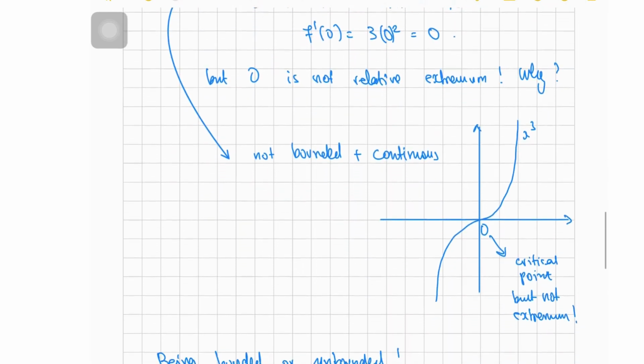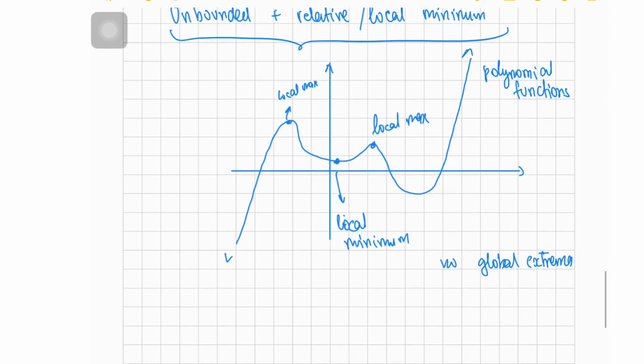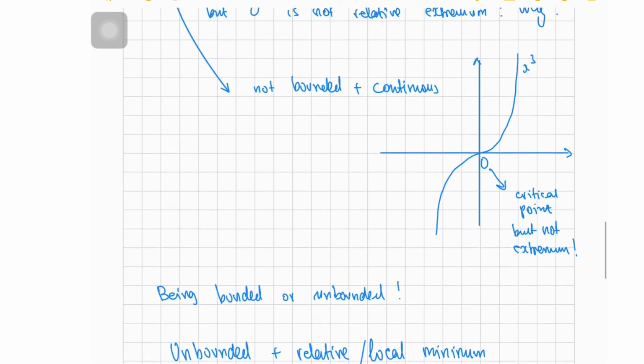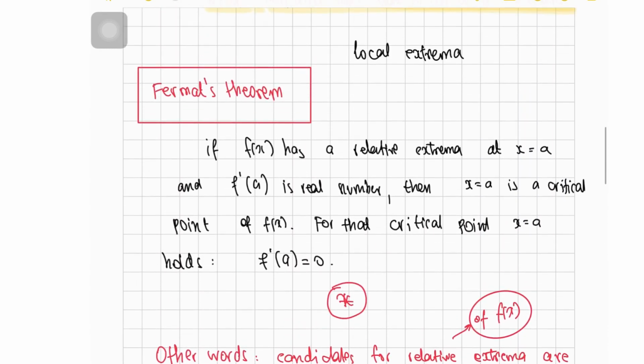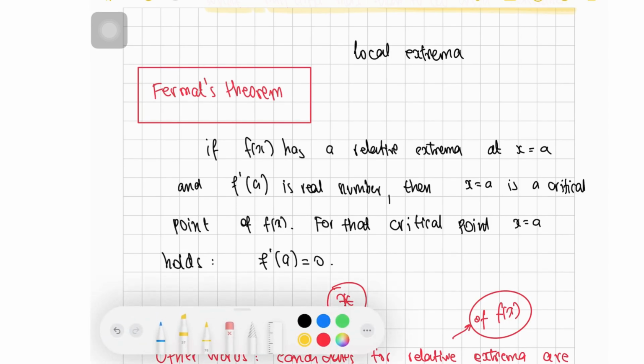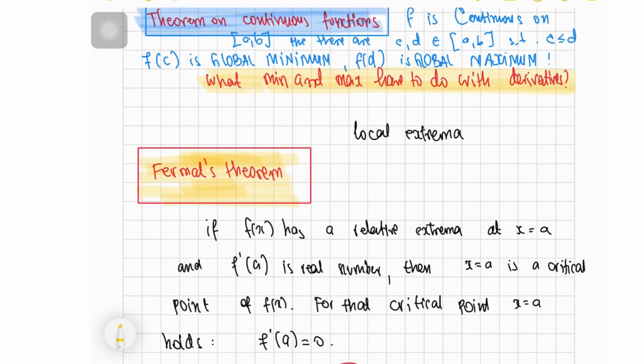Okay, so this is the first part, the introduction to the nature of extrema, and the most important part here is Fermat's theorem, which is most of the time used in differential calculus, and this is actually the answer to what minimum and maximum, or extrema in general, have to do with derivatives.